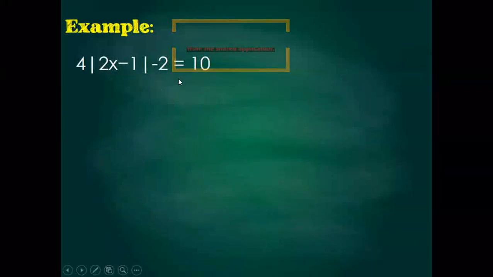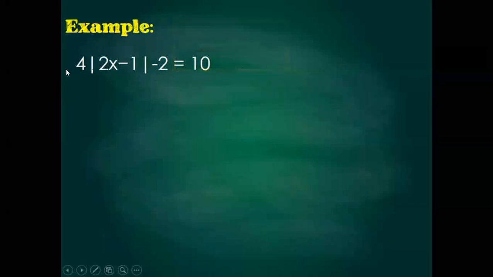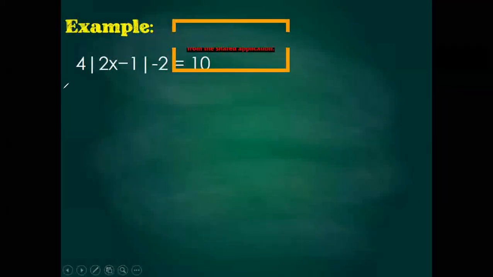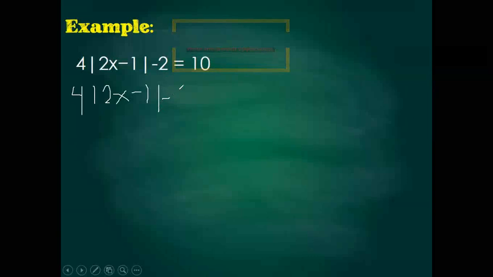What if the equation is like this? 4 absolute value of 2x minus 1 minus 2 equals 2. What will you do? Okay, first step. 4 absolute value of 2x minus 1, negative 2 equals 10. Transpose negative 2 to the other side.